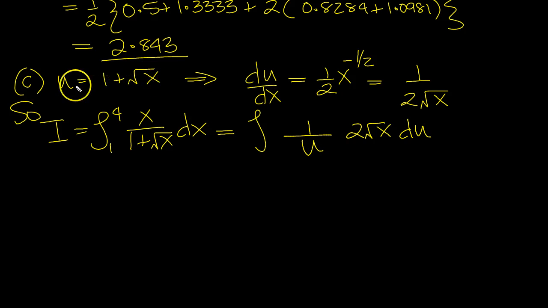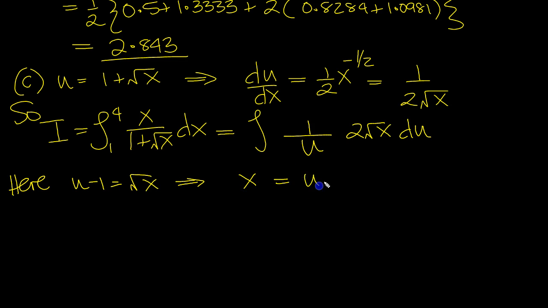If we square, u minus 1 equals the square root of x. So that tells us that x is equal to u minus 1 squared. Expand the bracket: u squared minus 2u plus 1, if we need to.